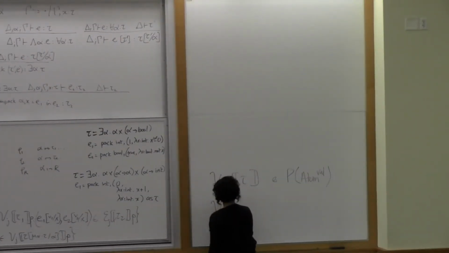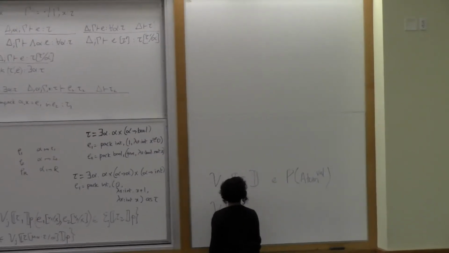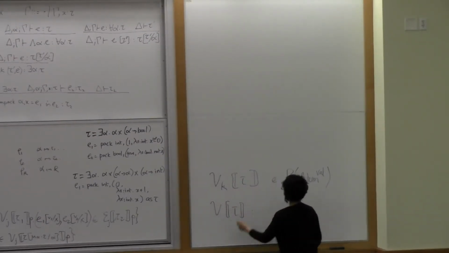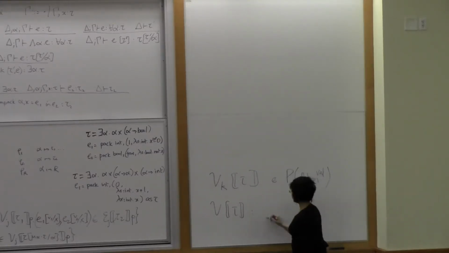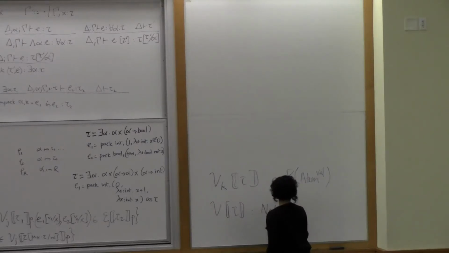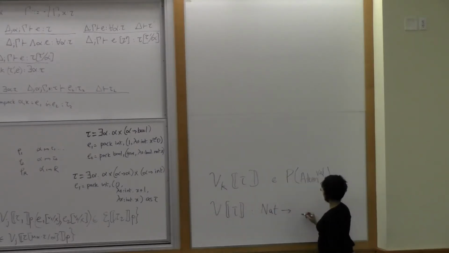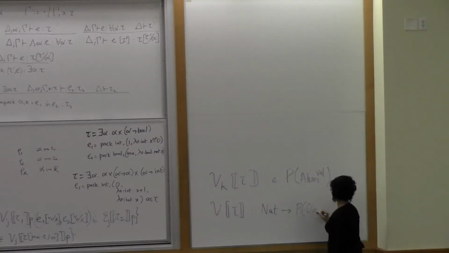I just want to make this obvious. When I drop the step index over here, we should be thinking of that as a function from nat to the power set of, again, yesterday it was closed values.